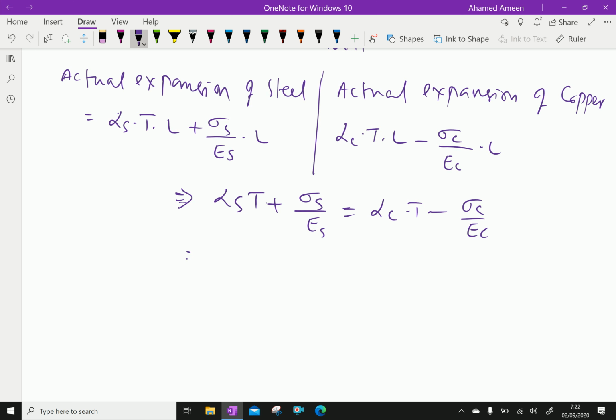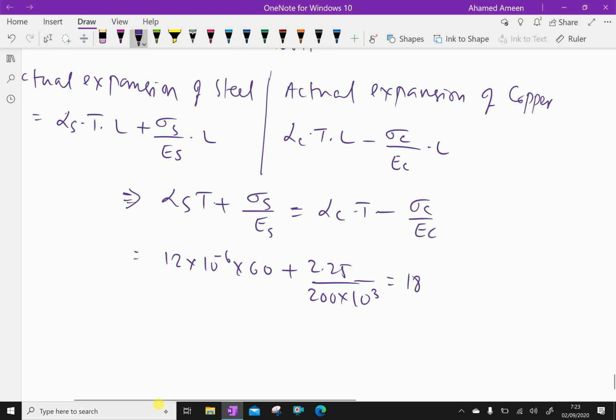Now we'll apply the values. 12 into 10 power minus 6 into 60 plus 2.25 sigma C over 200 into 10 power 3 for E. Here the other side is 18 into 10 power minus 6 into 60 minus sigma C by 100 into 10 power 3.